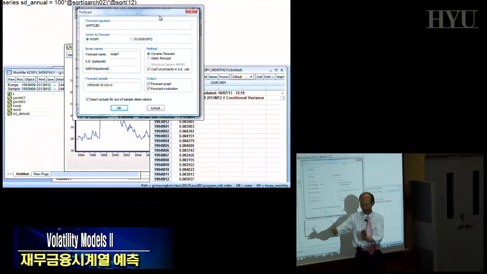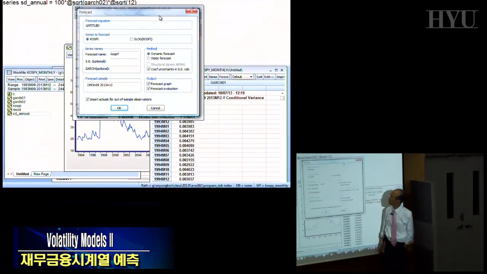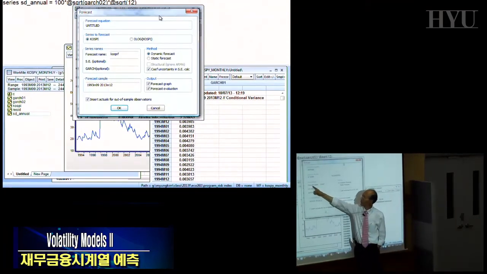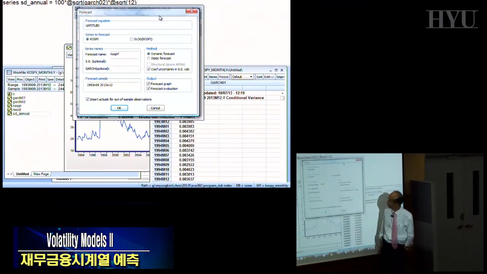My sample ends September this year, and my forecast range is the end of this year, so I can generate 3 forecasts, right? So let's generate forecast from this one, and it will say forecast name, COSPI, there's a variable name, and F suffix.